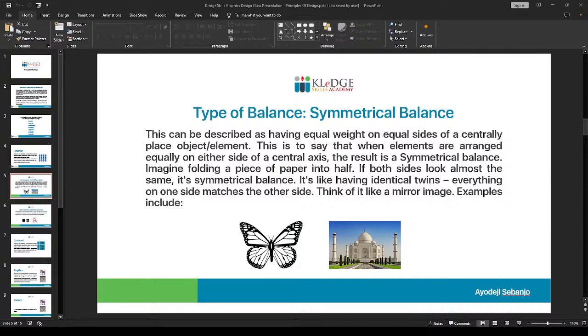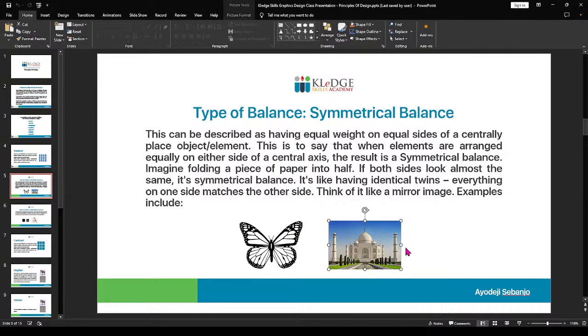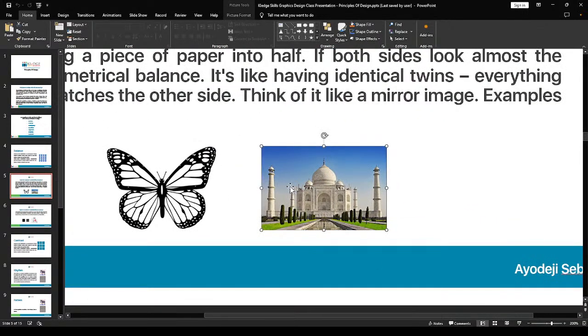The next image, we can see that from the left hand side to the right hand side, they are equal. The structures arranged on the left hand side are equal to the structures arranged on the right hand side.